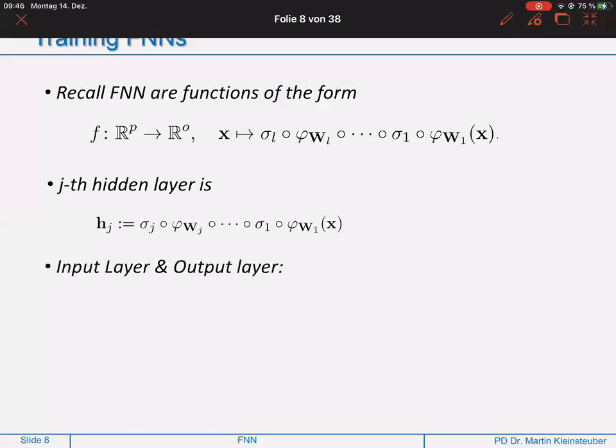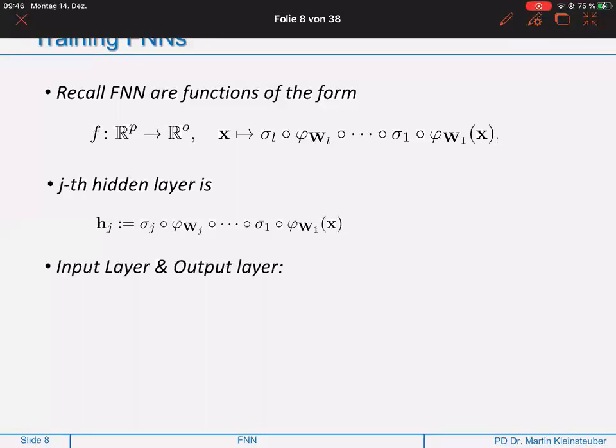Okay, so we stopped last week with the definition of what a feed-forward neural network is. We defined it as a function class actually, and this function class consists of functions of the following form.